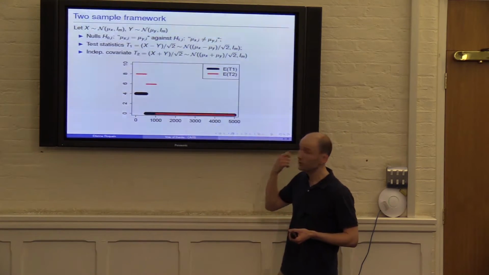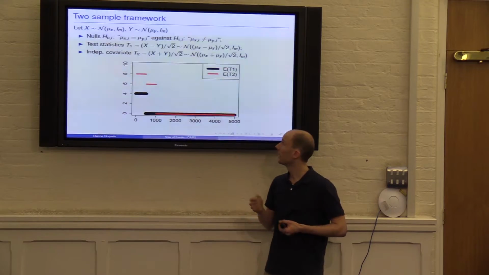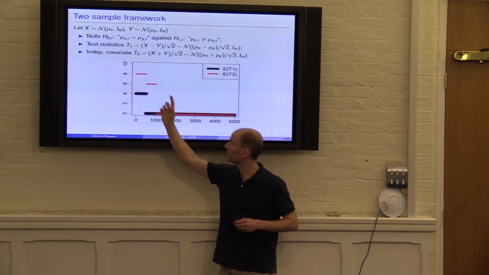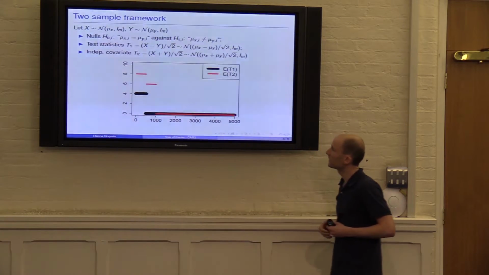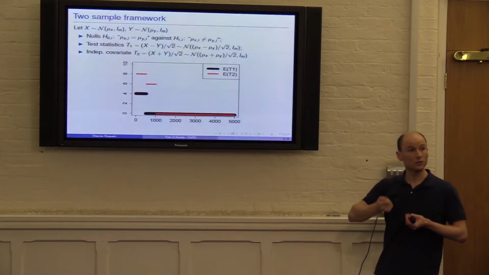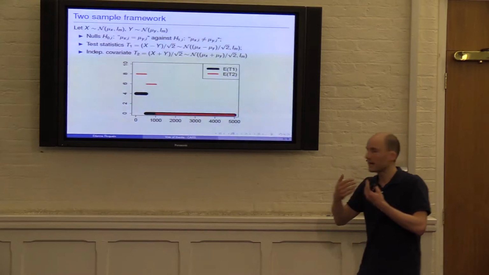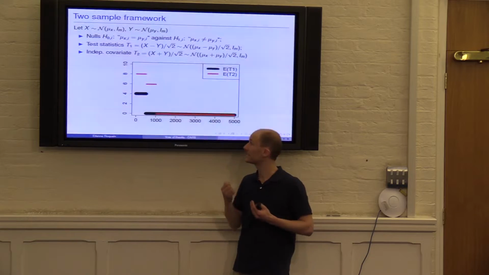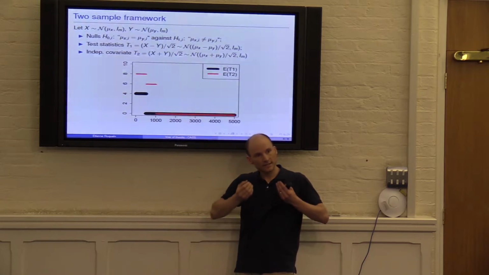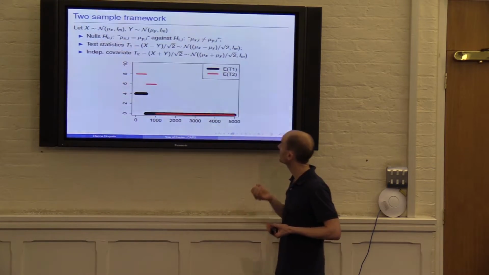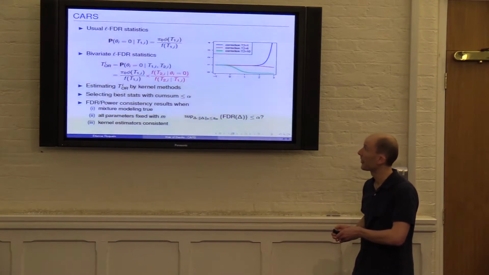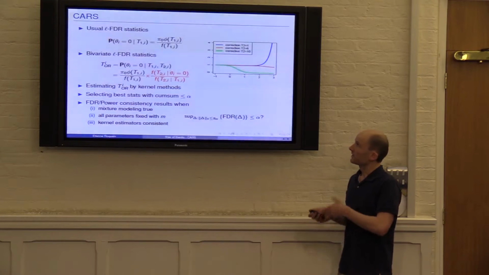But here you have T2 as well, the auxiliary covariate, and the expectation of T2 is in red here. And what we can see with this picture is that when T2 is small, you are likely to be in this area. So the null hypothesis is likely to be true. And that's precisely the information that T2 carries. Okay? And that's what you want to use. And that's what CARS uses.